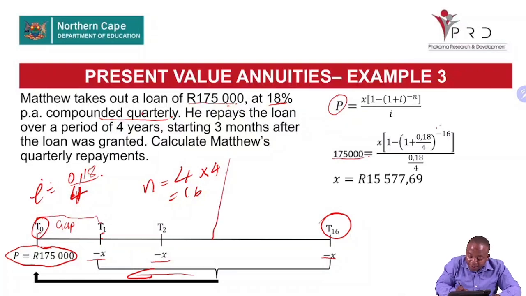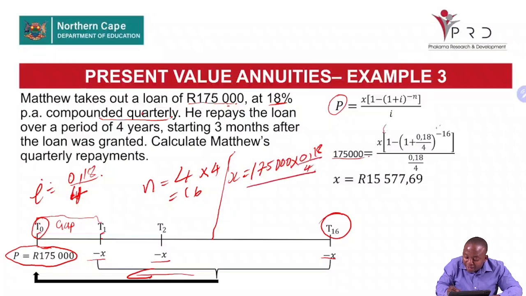When you find X there, remember, this is how we do it. We're saying cross multiply first, where we'll have X equals to cross multiply the 2. We'll have 175,000 multiplied by 0.18 over 4, all divided by everything that is in this bracket.